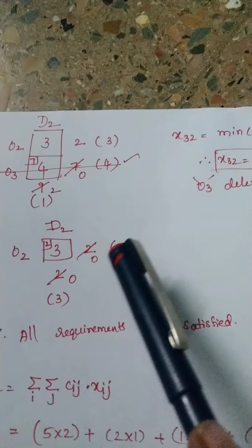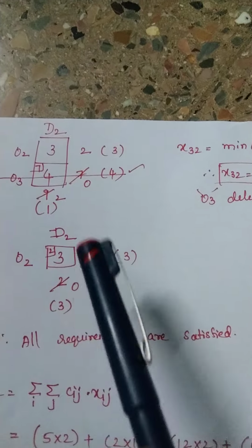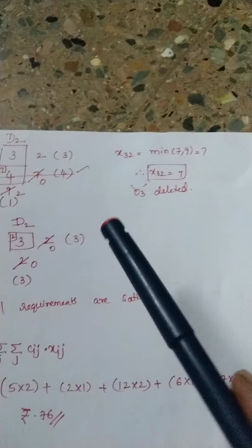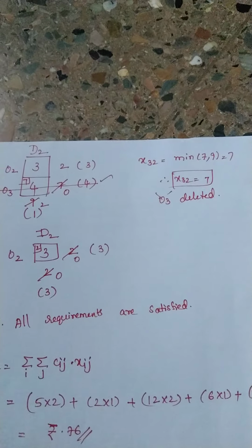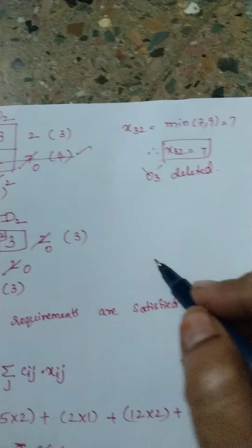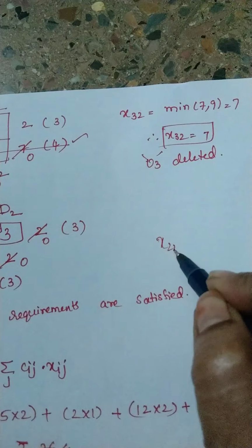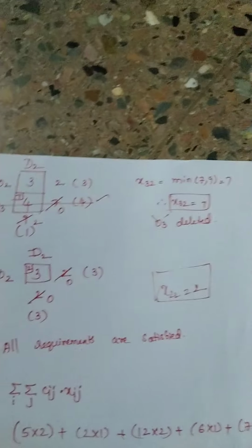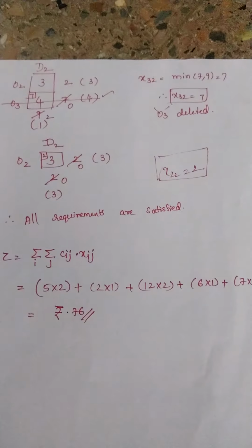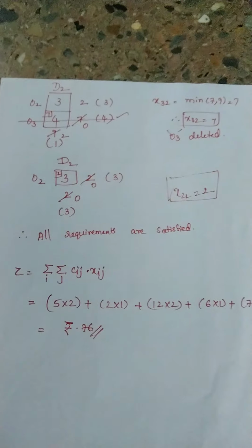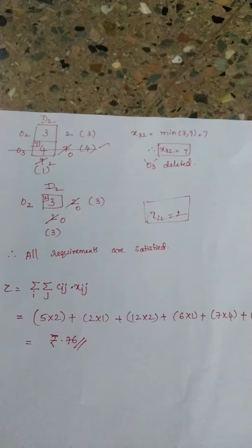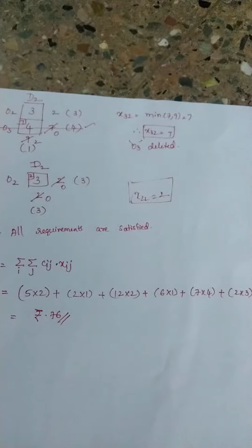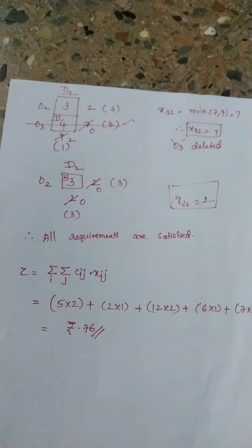The remaining value, 2, goes directly towards the cell O2 D2. Therefore x22 equals 2. Now all the rim requirements are satisfied, that means you got all the requirements as zeros. So we completed our problem.